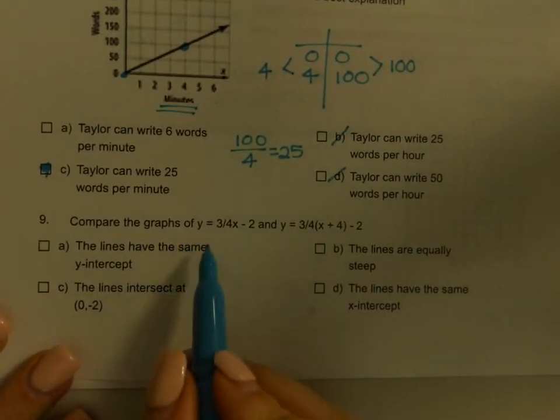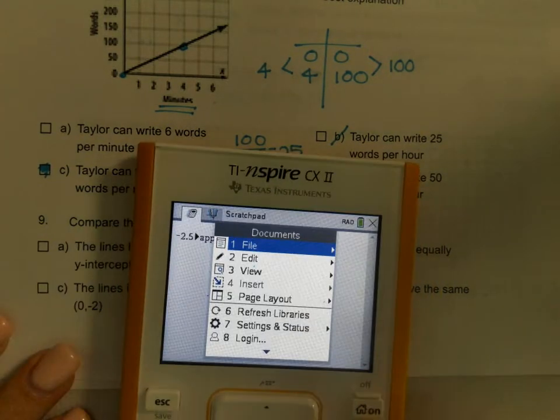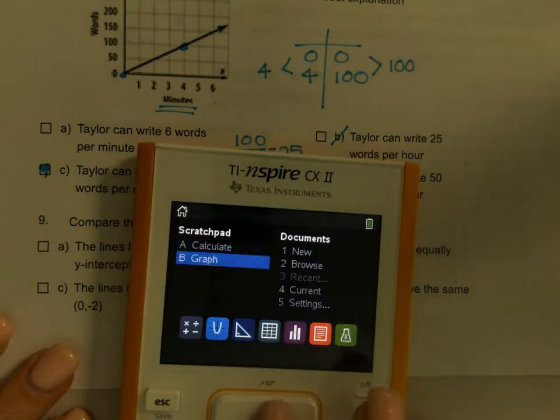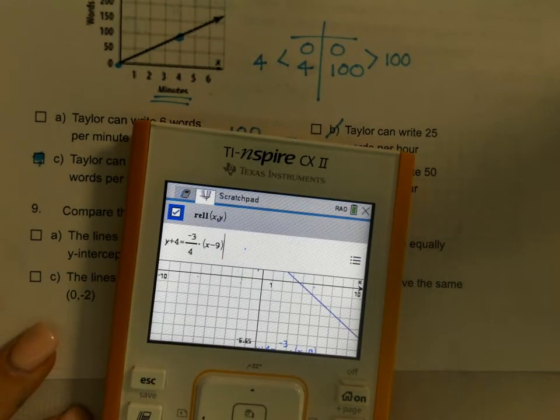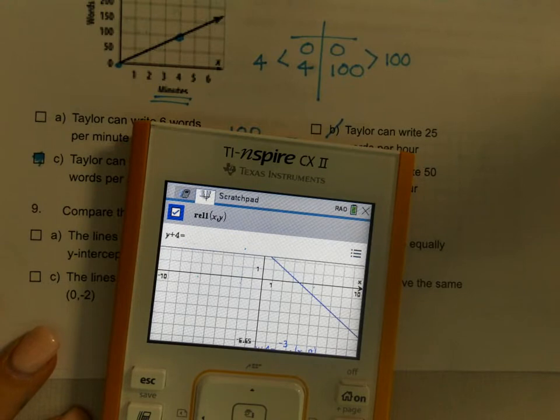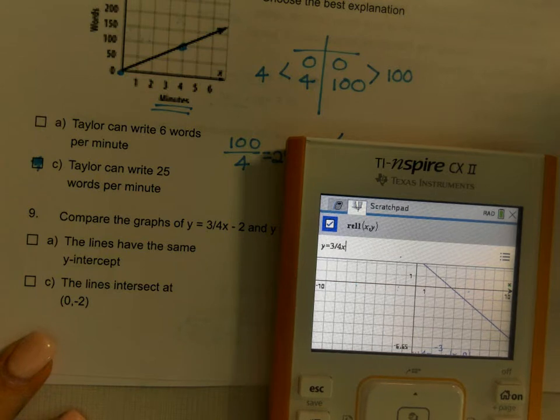All right. Compare the graphs of y equals 3/4 x minus 2 and y equals 3/4 x plus 4 minus 2. So I'm going to go home, go to my graph, click this equation. So we have the equation y equals 3 divided by 4 x minus 2, enter.